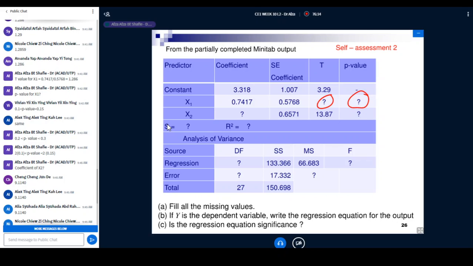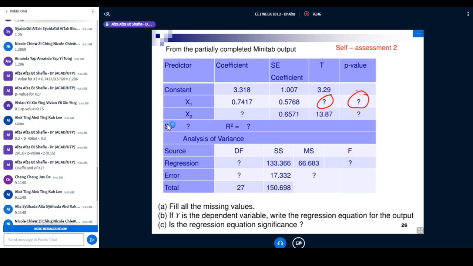Did you get that? Search for 13.87. Degree of freedom is, oh, too big. So I assume equal to 0. Okay, that's fine.